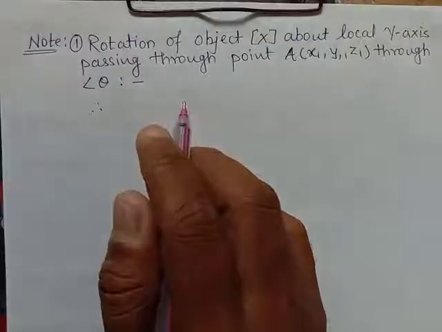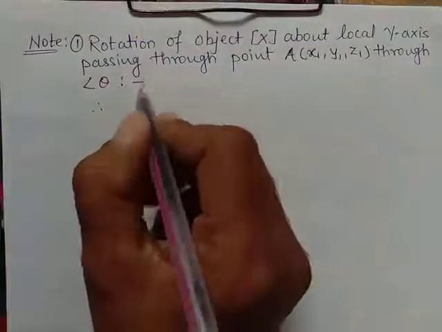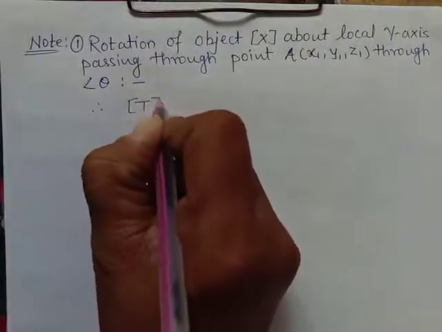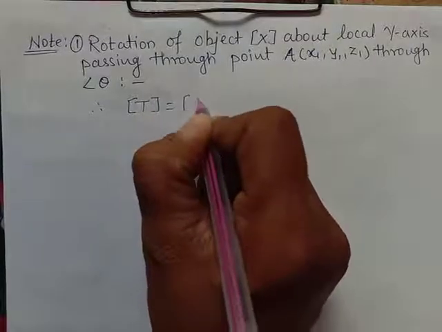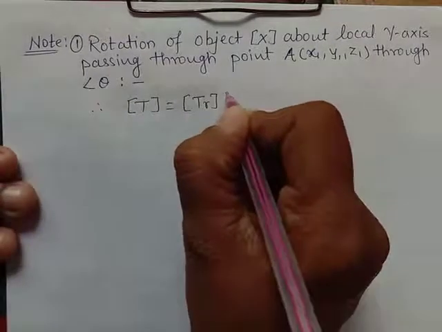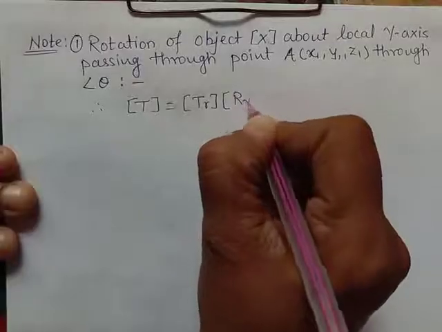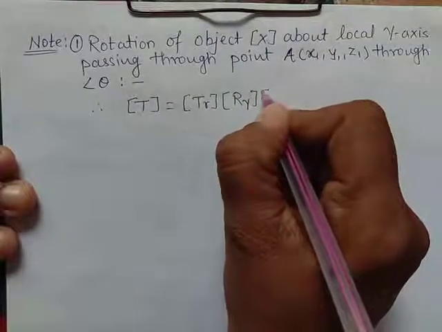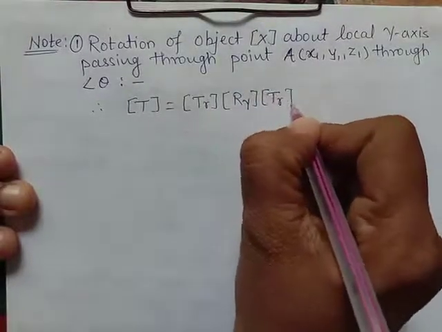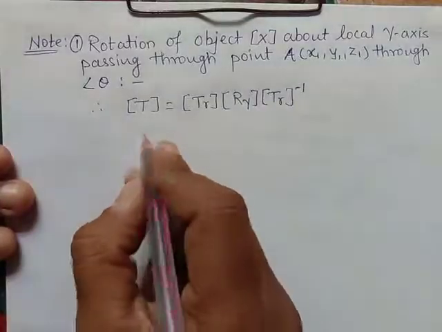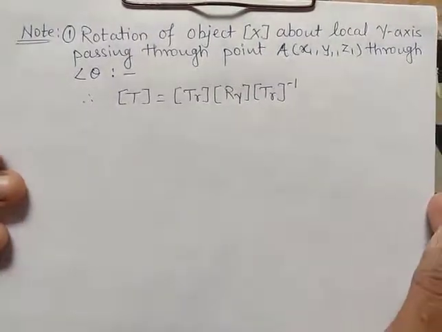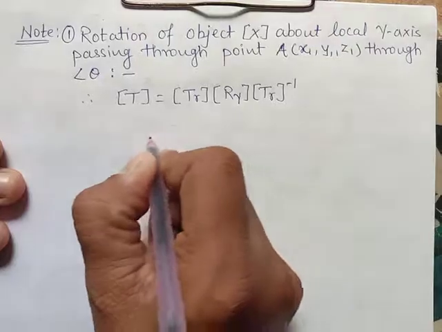That transformation matrix, therefore this concatenated transformation matrix, can be given as translation into rotation through the y-axis and then again inverse translation. What are these matrices here? Let's write them down.